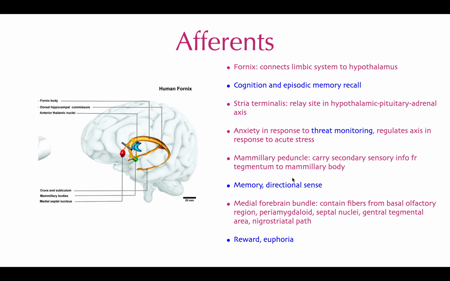And the mammillary peduncle is going to be responsible for memory and directional sense and orientation. And the medial forebrain bundle is going to be responsible for the reward system and euphoria.